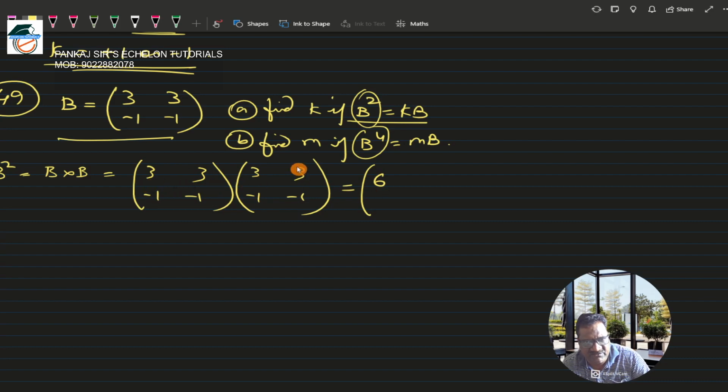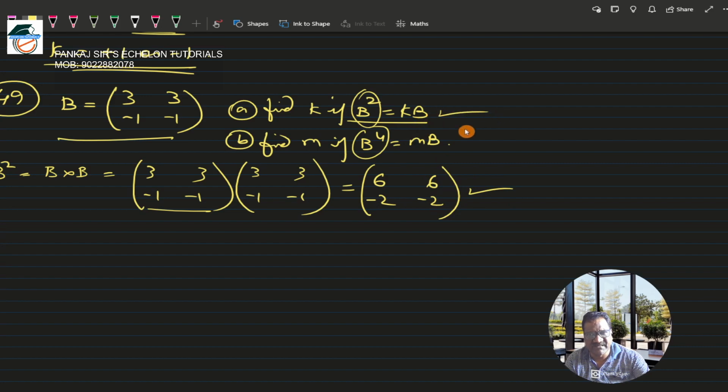Then first row and second column will give me 3 3s are 9, 9 minus 3, again 6. Then second row and the first column will be minus 3 plus 1, which should be minus 2. Okay, and second row and the second column will be minus 3 again plus 1, that will be minus 2. So this is what I get as B square.